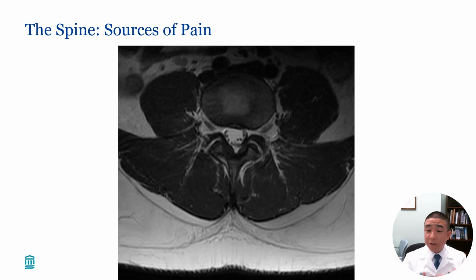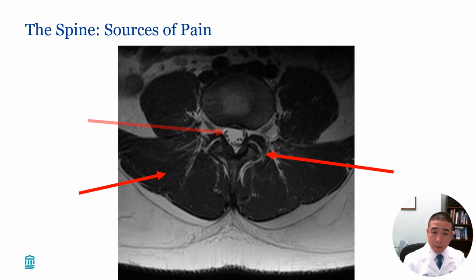There are a lot of different sources of pain throughout the spine, and those can lead you down different treatment pathways. And part of a good history and a good physical is that you can start to differentiate these various causes. You know, that pain can be coming from the muscles, so it can be a myofascial type pain. It could be coming from the joints, leading to a facet-related pain. It can be coming from the nerves, so a radiculopathy or a claudicating type pain, any type of neurogenic pain.